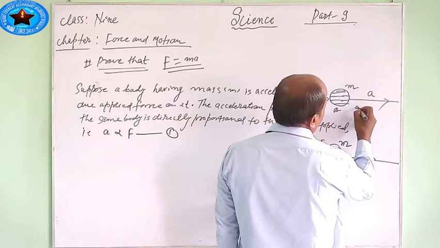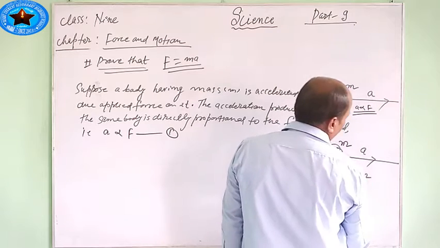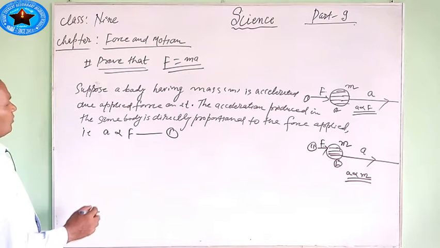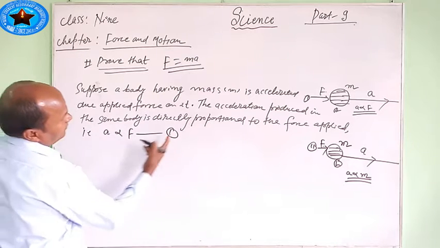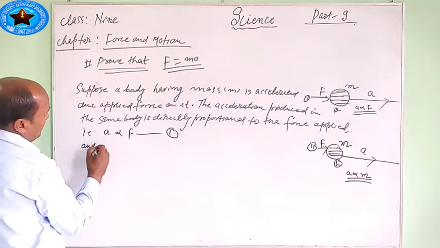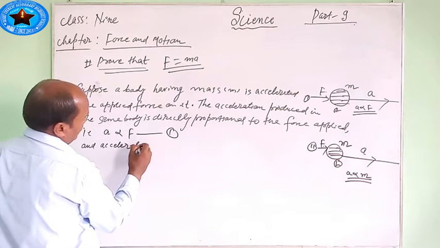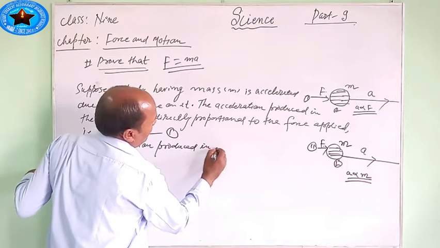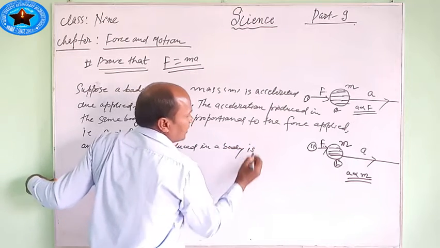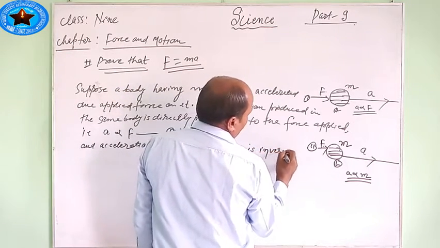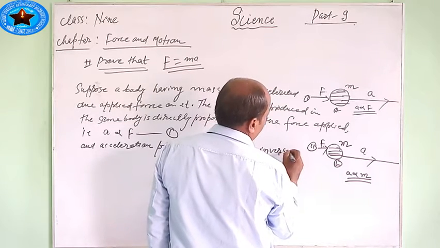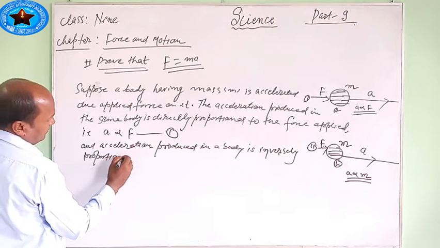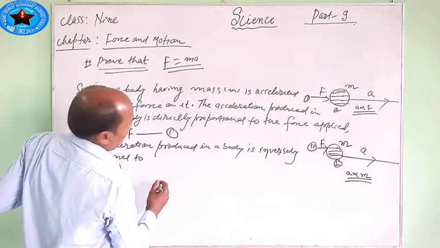And in the first case, A is proportional to F. So after knowing the first case, we also know that acceleration produced in a body is inversely proportional to the mass of the body.